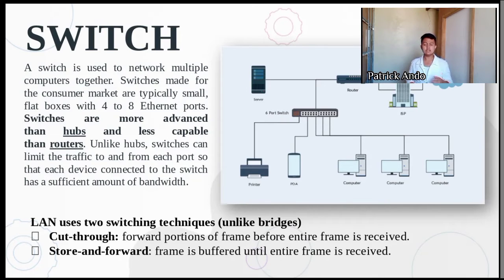Next is store and forward. It is a telecommunication strategy in which data is transferred to a central station, where it's stored until it's ready to be sent to the final destination or another central station. So those are the two switching techniques that LAN uses.